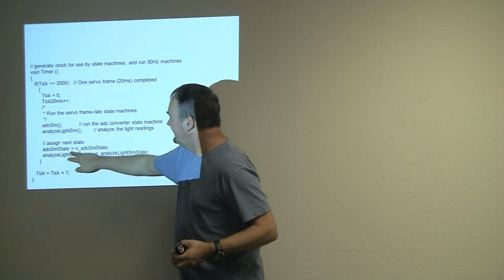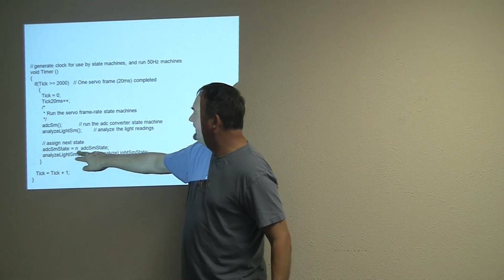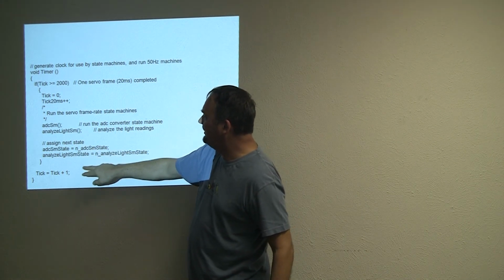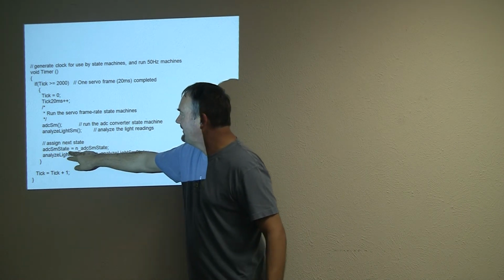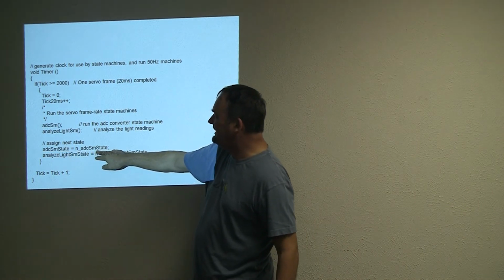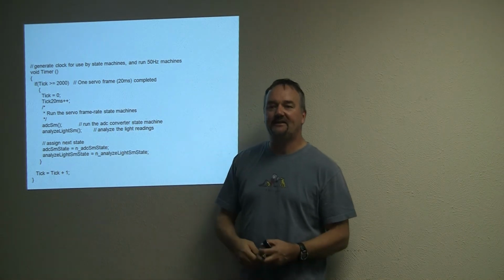The last thing to point out is this: at the end of the repeated loop, you assign the state machine state to what the state machine had computed should be the next state.